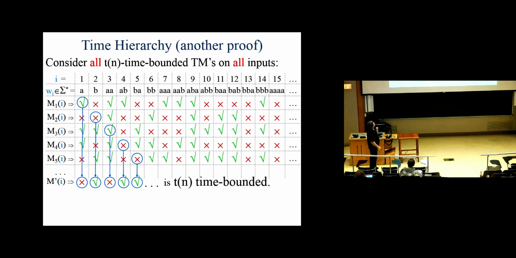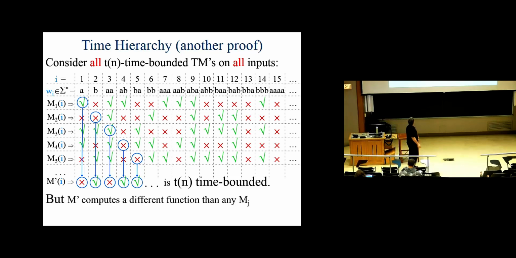So this language down here is decidable, because to decide it, all you got to do is look at which input i you're being handed, figure out what the ith machine is. It's easy to do. And then simulate the ith machine on the ith input, and then do the opposite. But you can't do it within that time, because these are all T of n time-bounded Turing machines or computations.